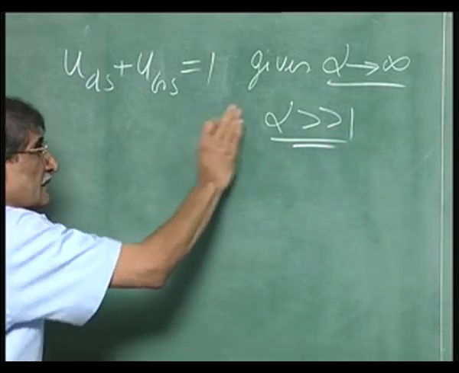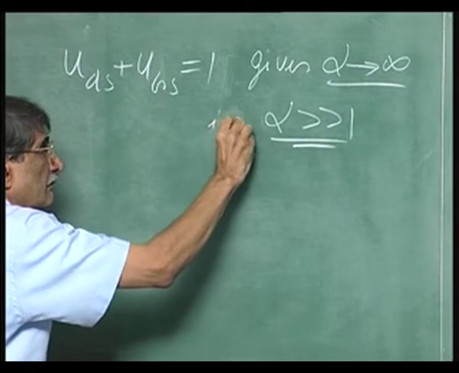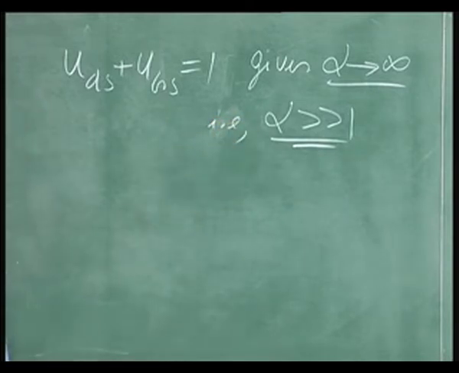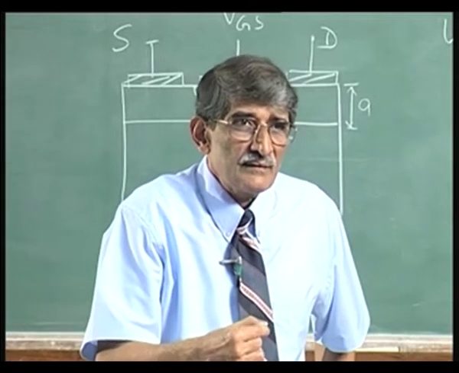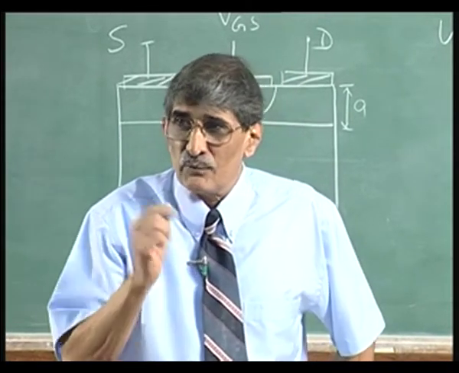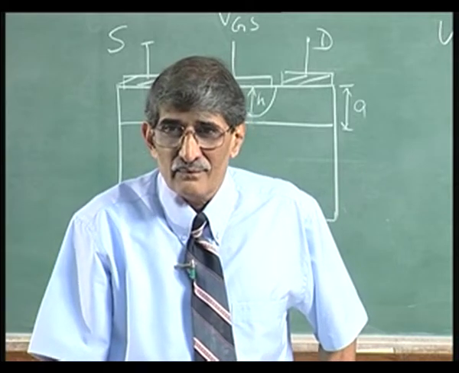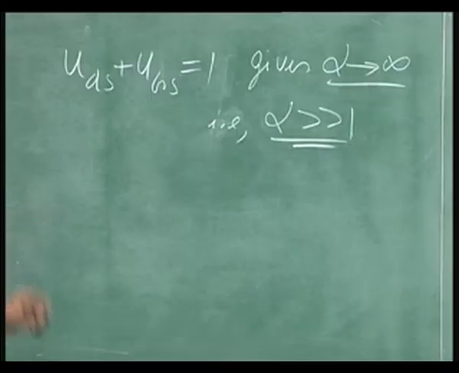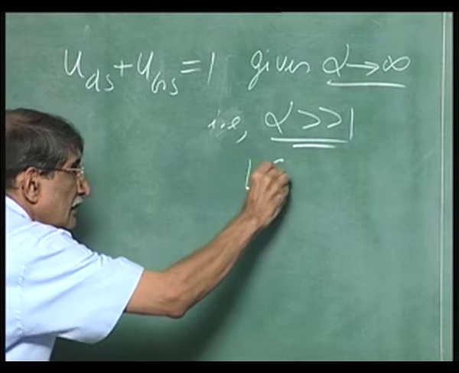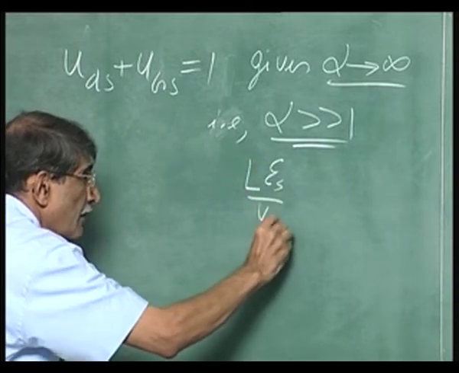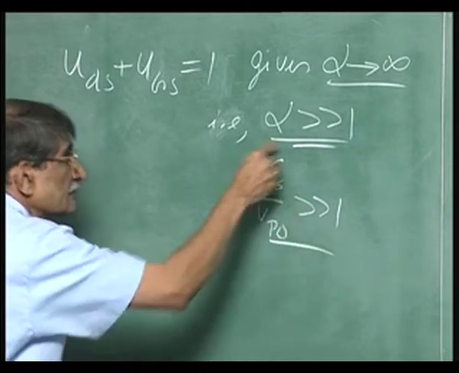That is the meaning of that. Or you can put it other way: if alpha is very much greater than 1, UDS plus UGS equal to 1. This indicates LES divided by EP 0 is very much greater than 1. That is the meaning of that.